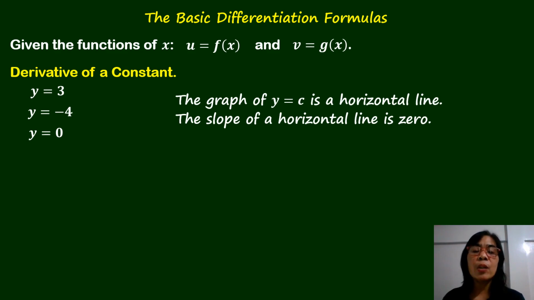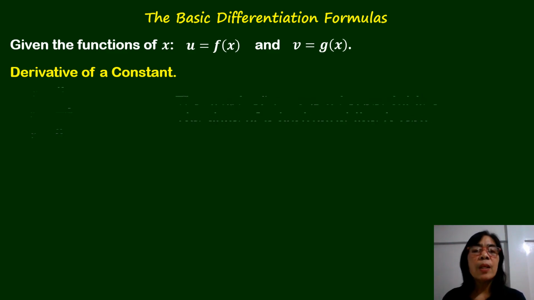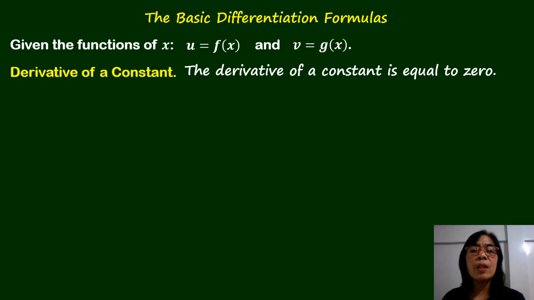Also, we learned in geometry that the slope of a horizontal line is 0. Since we already know that the derivative of a function is equal to its slope, then we say that the derivative of a constant is equal to 0. So we have now this symbol. The derivative of a constant is equal to 0.